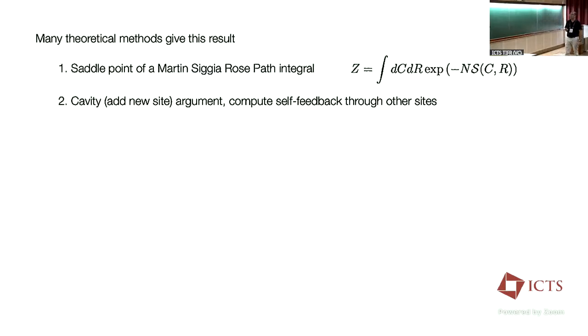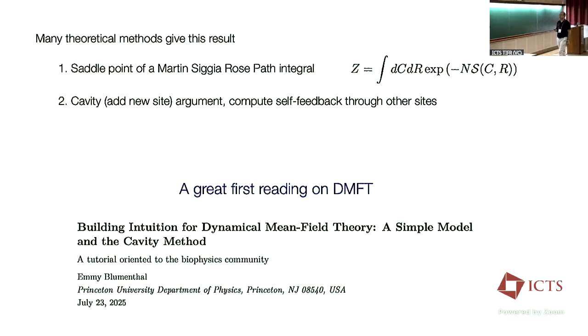But if you've never seen this and want a reading about it, there's a great, beautiful tutorial that appeared on arXiv just a few weeks ago. I definitely recommend it as a great first read. It's very accessible, and it works through one exactly solvable model, so you can see the relation between these approximations and the exactly solvable model.